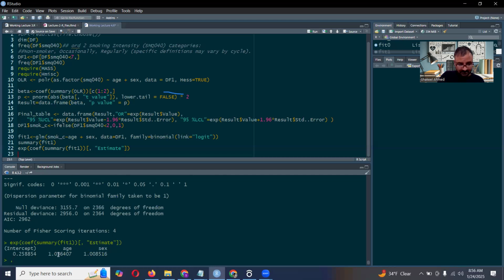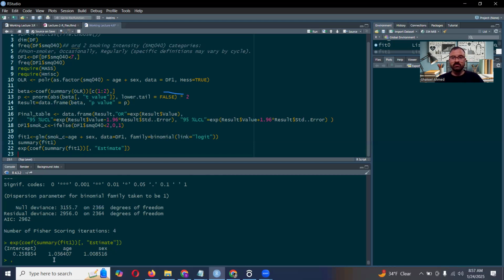It means that with an increase of one year in age, there is a 4% increase in the odds of falling in category 2 or 3 versus category 1.